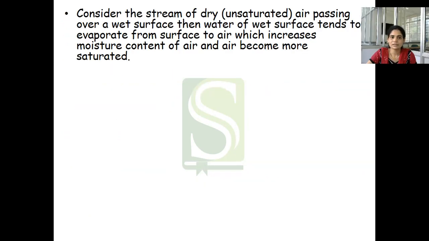Now consider a stream of unsaturated air passing over a wet surface. Water from the wet surface tends to evaporate into the air, which increases the moisture content of the air, and hence the air will become saturated.